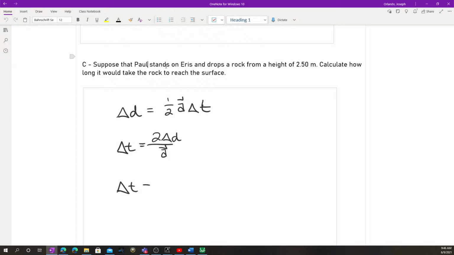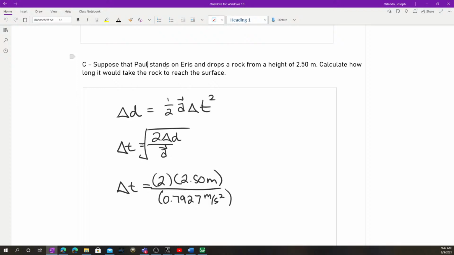And now we can just fill it in. 2 times 2.50 meters. And then the acceleration due to gravity we already defined, but I keep forgetting it, 0.7927 meters per second squared. Oh, and that should be squared, so this whole thing should be square rooted. Yeah, just like that.